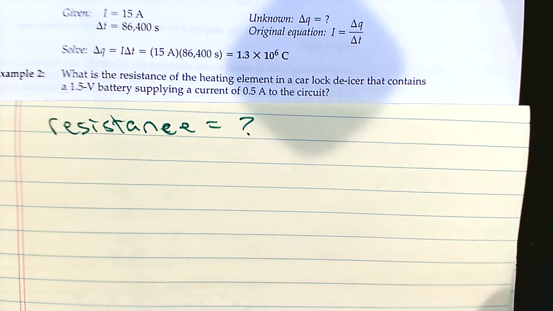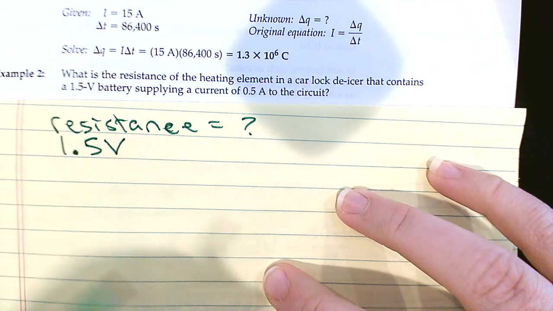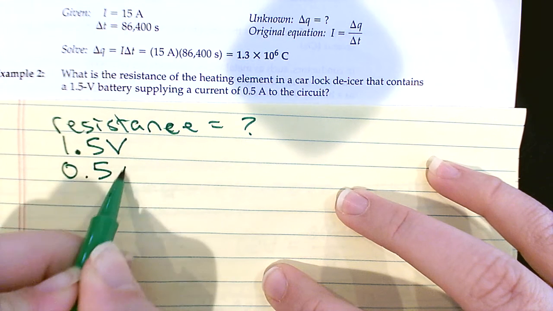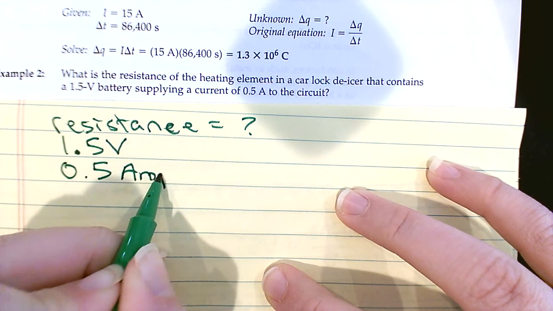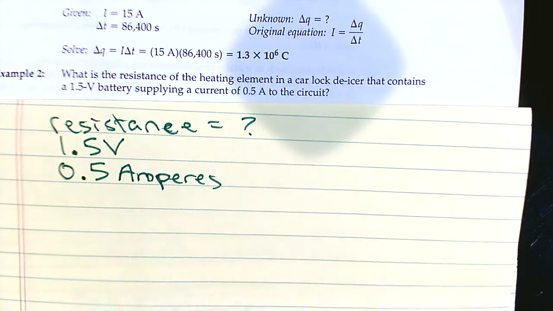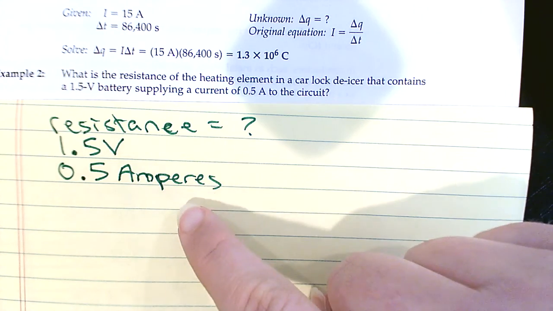It says, what is the resistance in a car lock deicer that contains a 1.5 volt battery supplying a current of 0.5 amperes of current. Okay, so we look back at our equation page. We have resistance, voltage, and current.